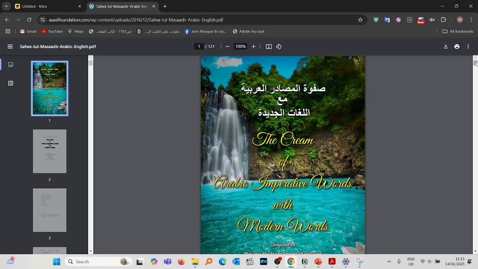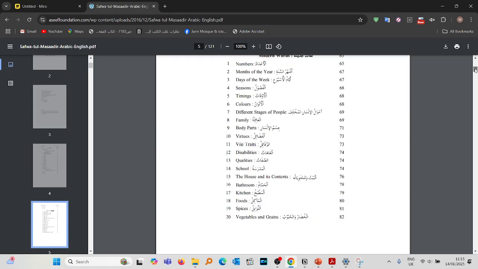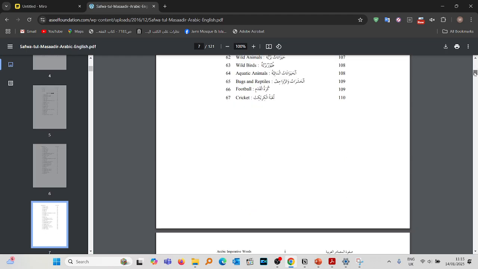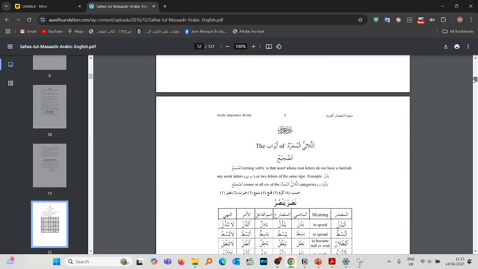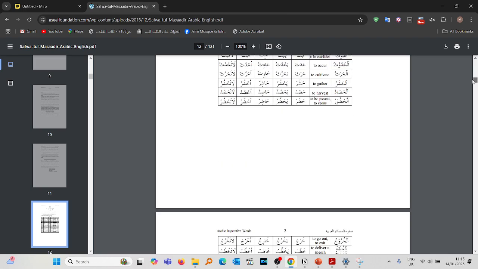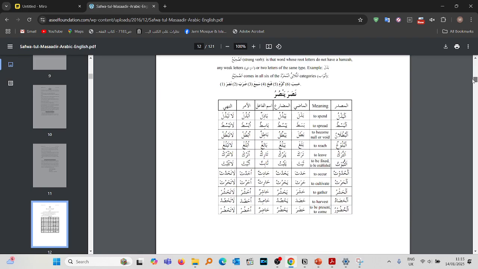This book, Safatul Masadir, is a book of verbs, and it has different verbs, and everybody should memorize this book. If you look over here, you have a past tense verb, then you have the present and future, and then it's fa'il, amr, and nahi. So I want to get you to memorize this book as soon as possible.